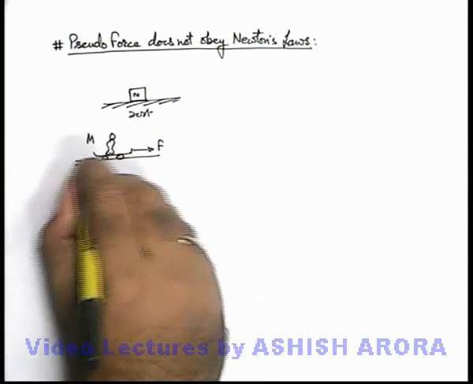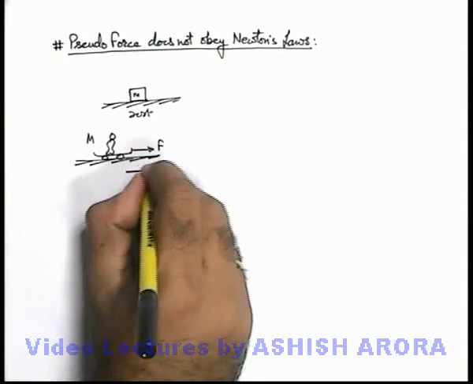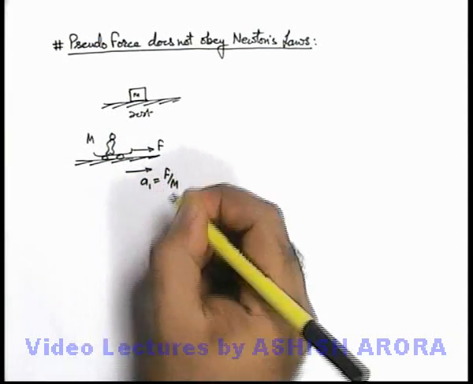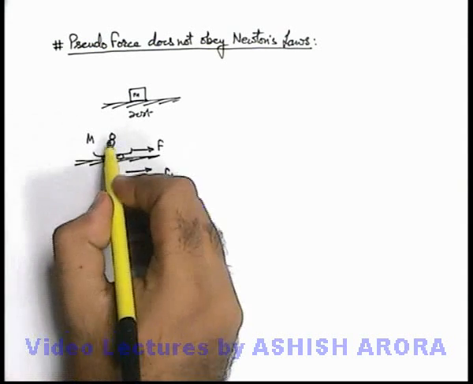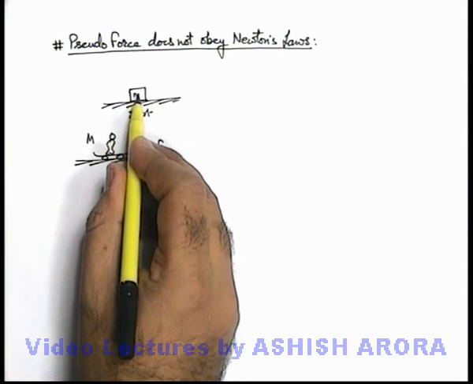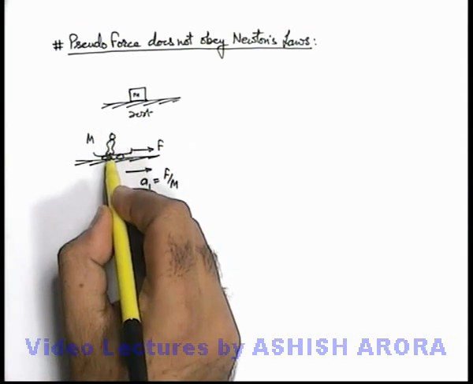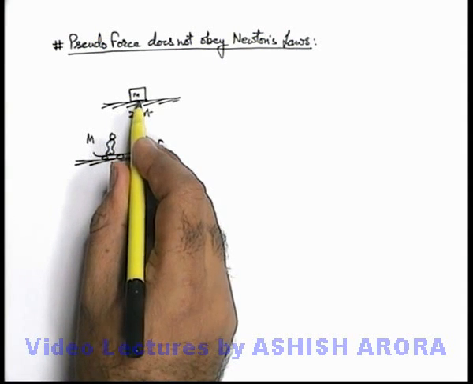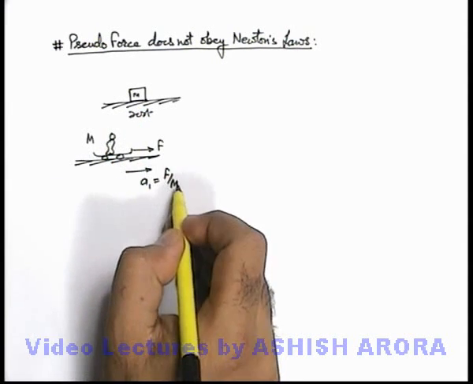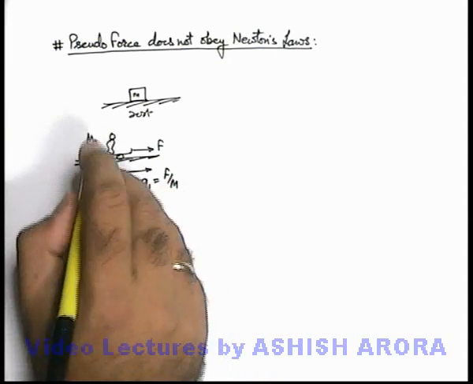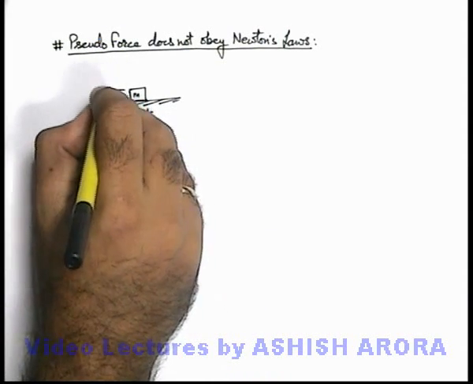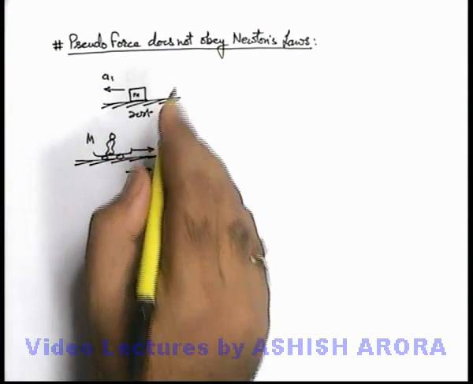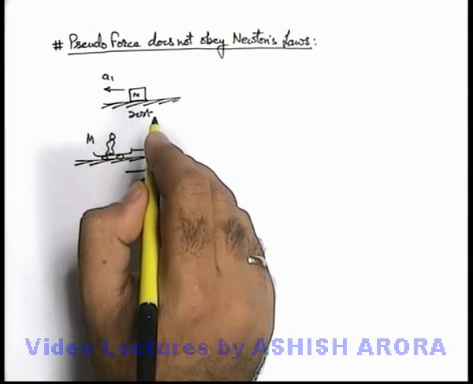So this observer will start accelerating with an acceleration a1, that is F by capital M. If he is continuously looking at the block, when he was at rest, he'll feel that the block was also at rest. But as soon as he starts accelerating, he'll feel that the block started accelerating in the backward direction with an acceleration a1. But there is no external force applied on this block.